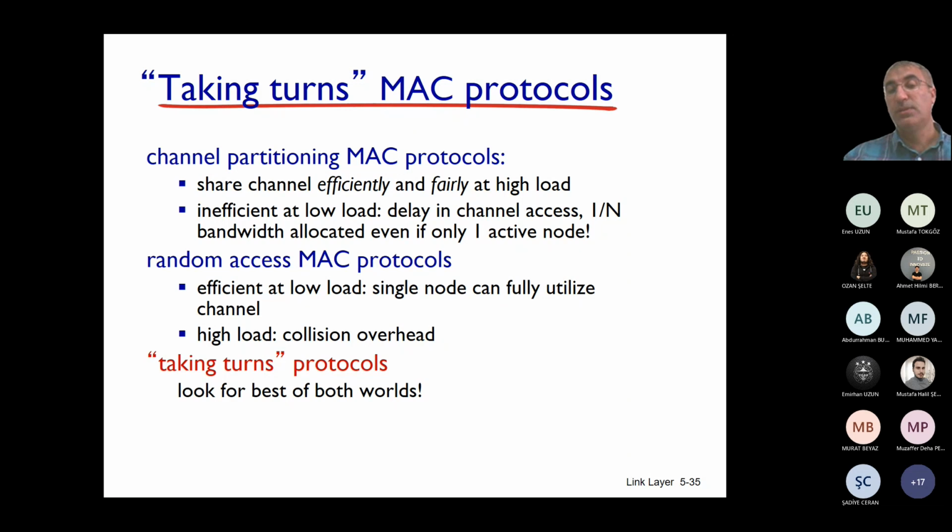Random access protocols are the opposite: efficient at low load, when you have a small number of nodes, so that a node can fully utilize the channel. But when you have a large number of nodes trying to access a single shared channel, at high load there may be a lot of collisions, which is going to degrade your performance.